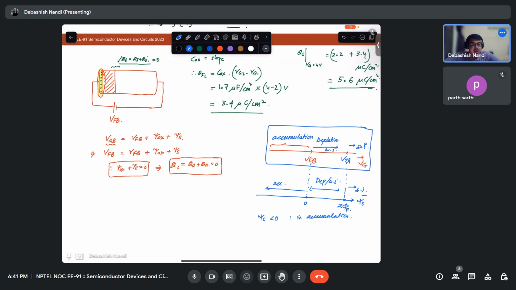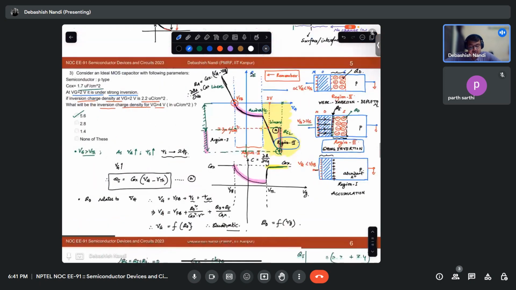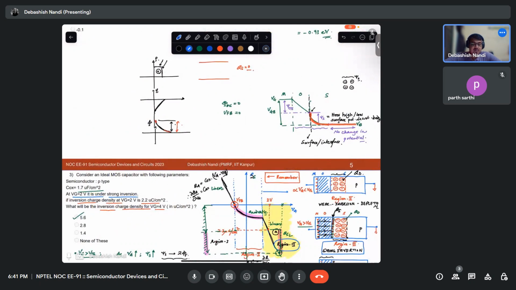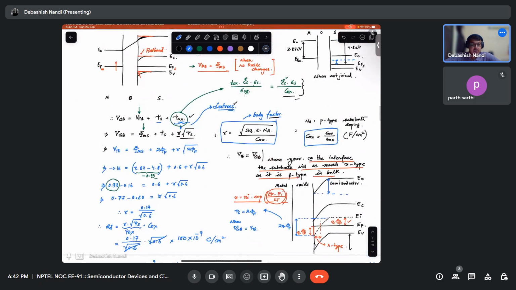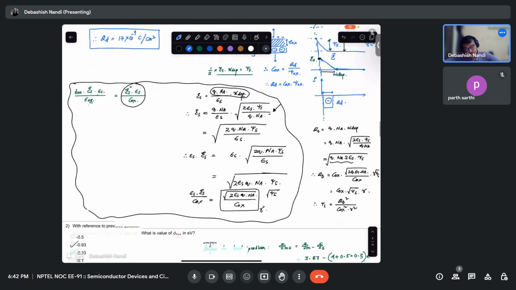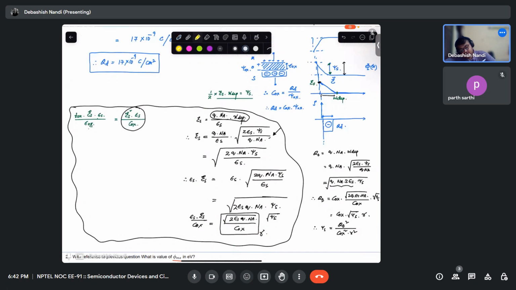So by the way, what did you feel after this much discussion, which voltage is the most important in analyzing this kind of devices? What is your feeling? Just get to know. You see that if you know this quantity psi s, right?